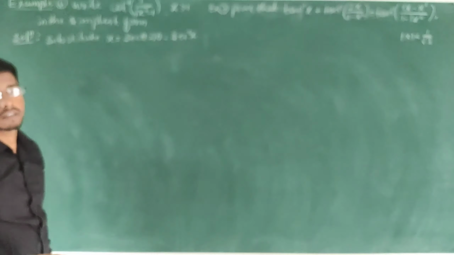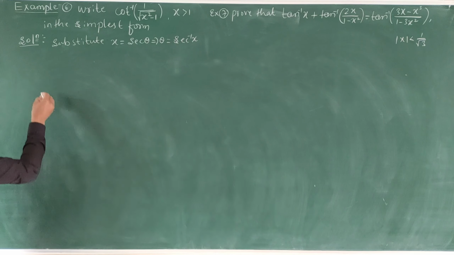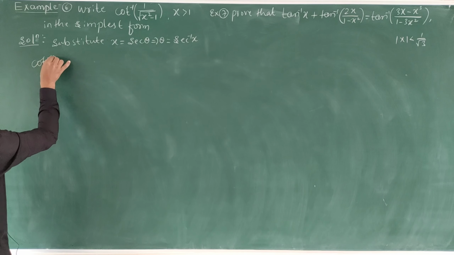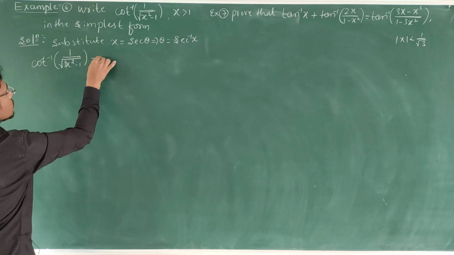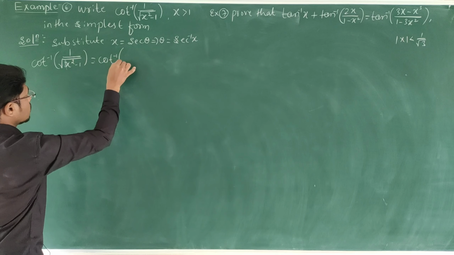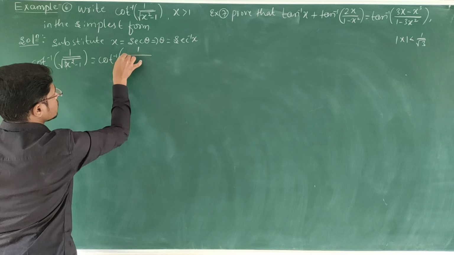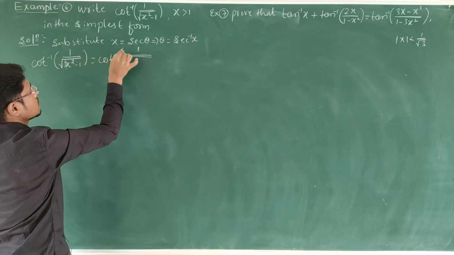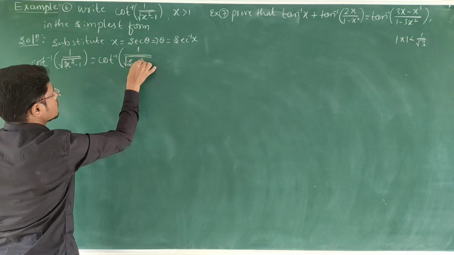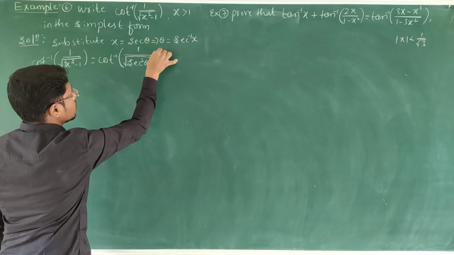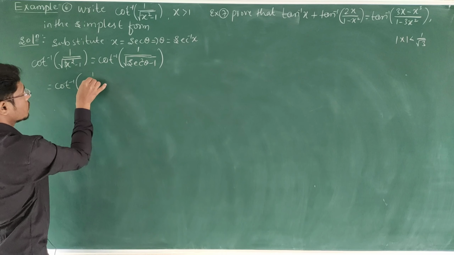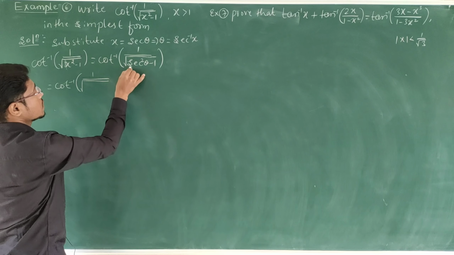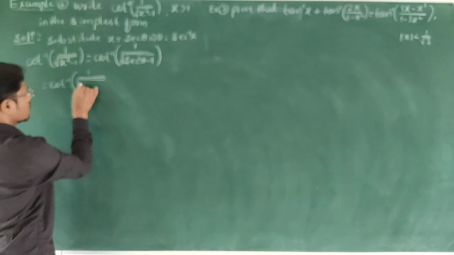Take the given question, cot inverse of 1 divided by square root of x square minus 1. With x as sec theta, x square is secant square theta, so this is cot inverse of 1 divided by square root of secant square theta minus 1.